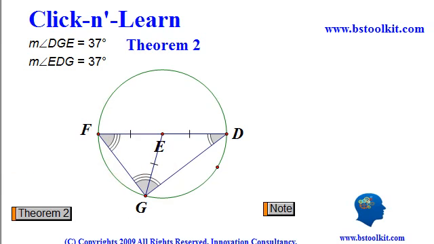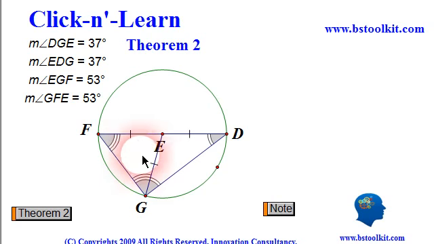So let's measure this angle. See, it's 53 degrees. And this angle here is 53 degrees. This is 53 and this is 37. When you add up, they're 90 degrees. So we can say now, this angle here is equal to 90 degrees.